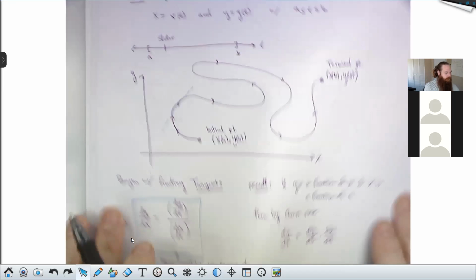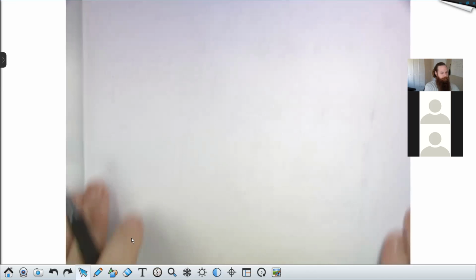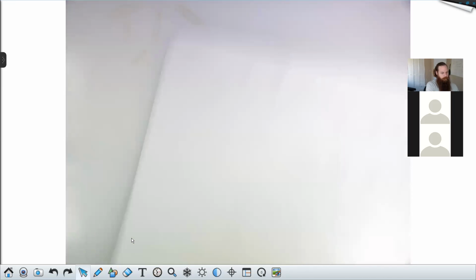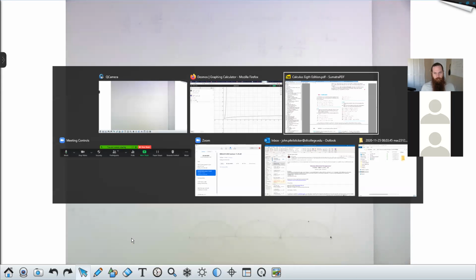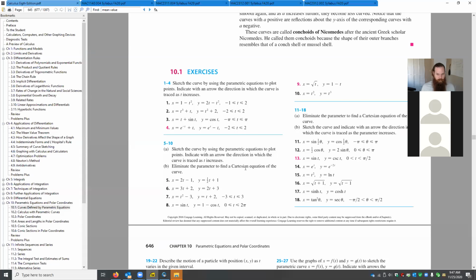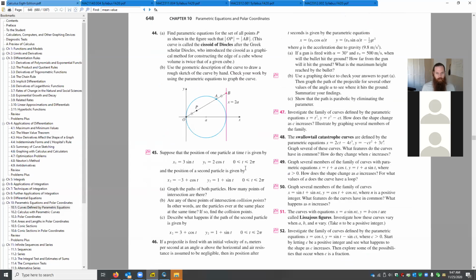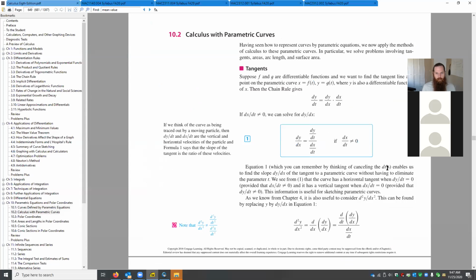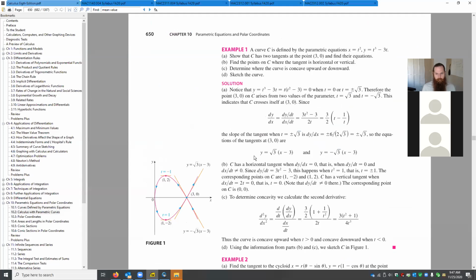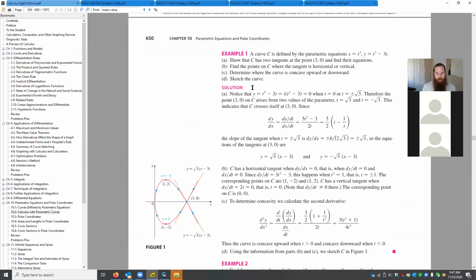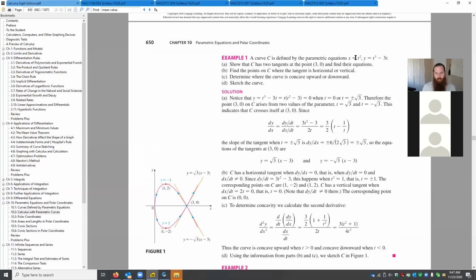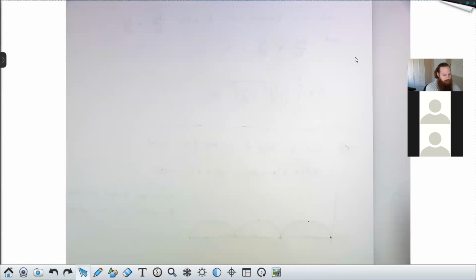Okay, let's do a calculation. I'm going to take this from your textbook. There's a few good examples in here that I do like. All right, so here's the result we just cooked up. Let's take this one: x is t squared, y is t cubed minus 3t.